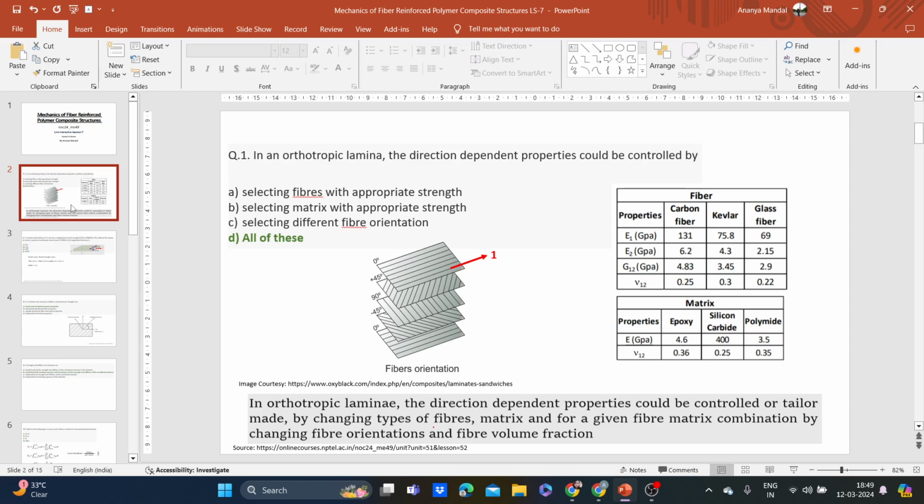The statement is correct. It's from Sir's notes only. In your orthotropic lamina, the properties are controlled by changing the fiber orientation and fiber volume fraction for a given fiber and matrix combination, so it will be correct. Yes, ma'am, thank you.